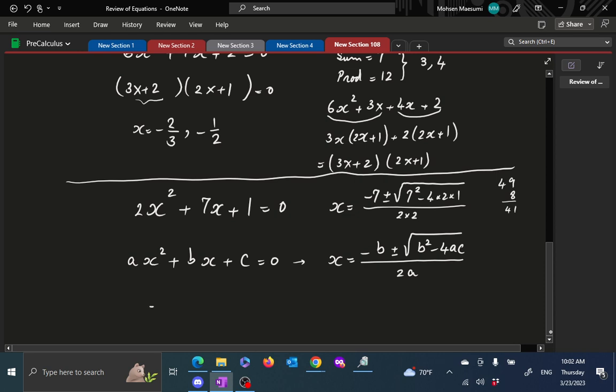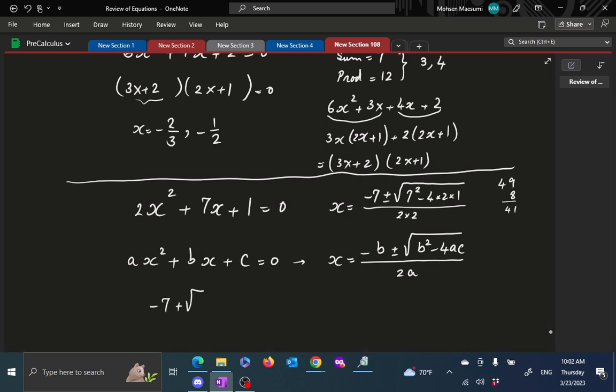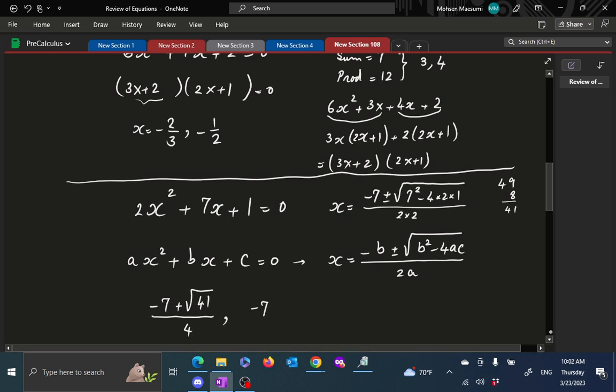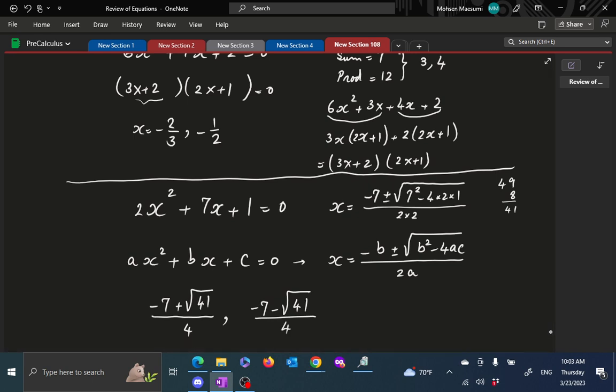X becomes minus 7 plus radical 41 divided by 4, and the other option is minus 7 minus radical 41 divided by 4. These are the two answers.